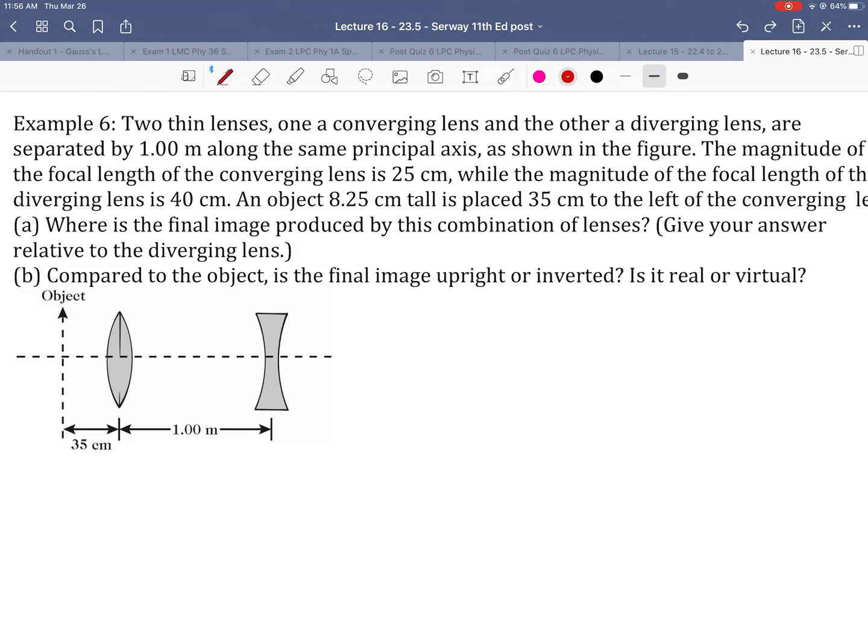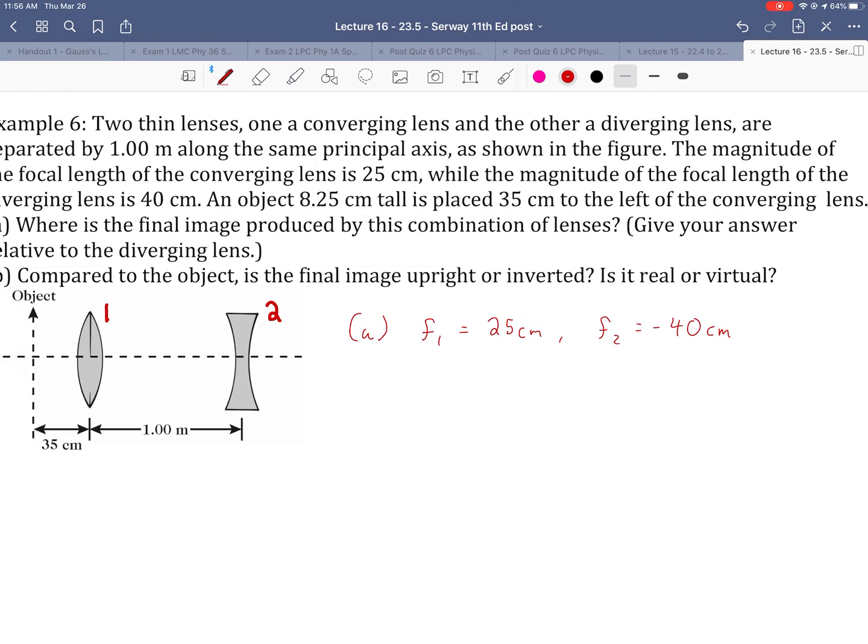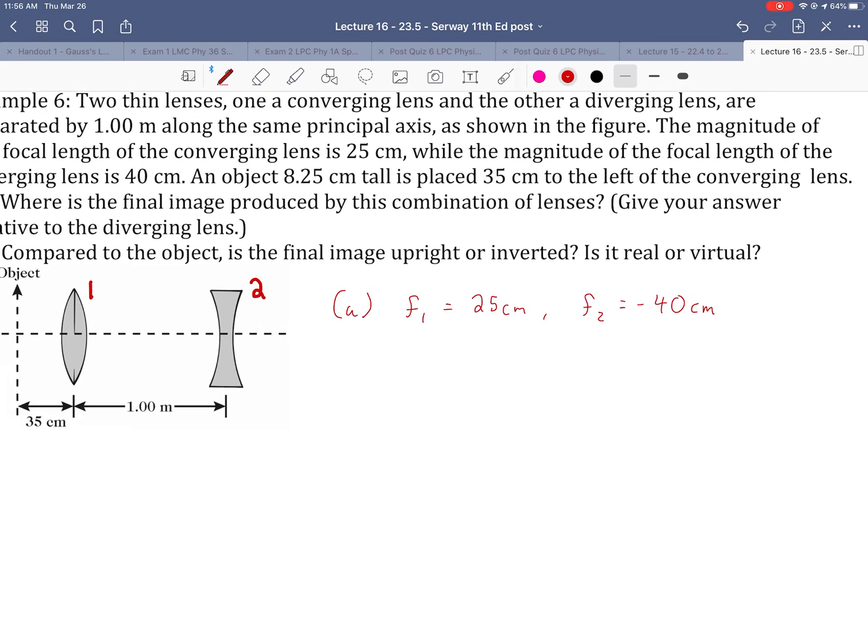I'm going to label these lens 1 and lens 2. For part A, to get this started, f1 is 25 centimeters. Meanwhile, f2 for the diverging lens is negative 40 centimeters. I'm putting the negative because that's what I'll be using in the lens formula.